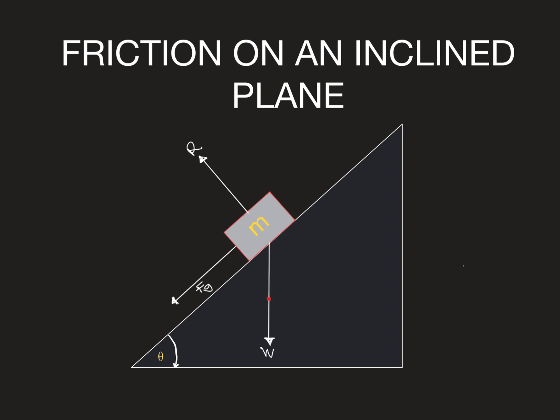So we will start by resolving the weight into a component that is parallel to this inclined plane and into a component that is perpendicular to this inclined plane. We can stretch this R, and let's say we have the line that will come like this.